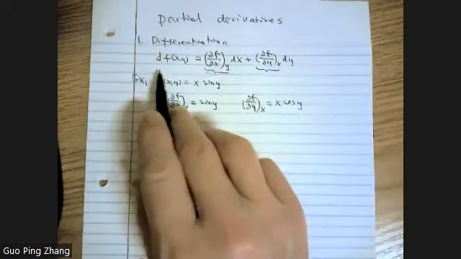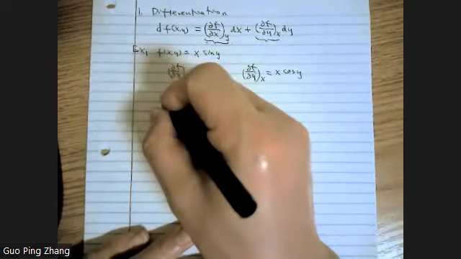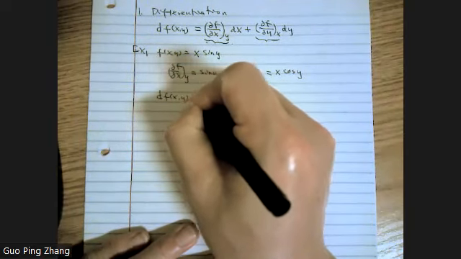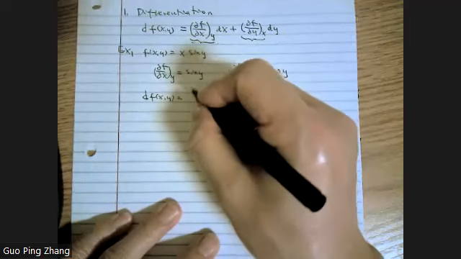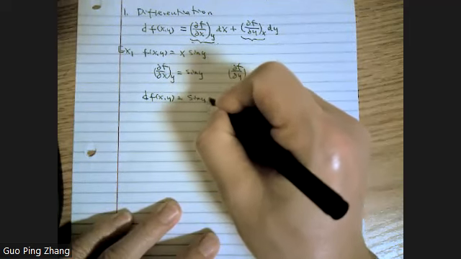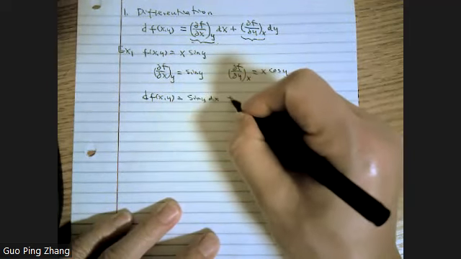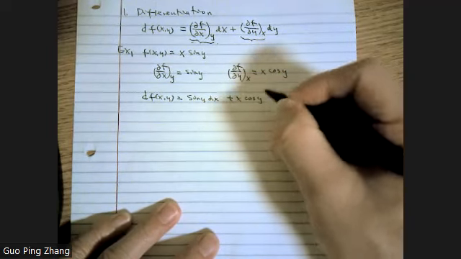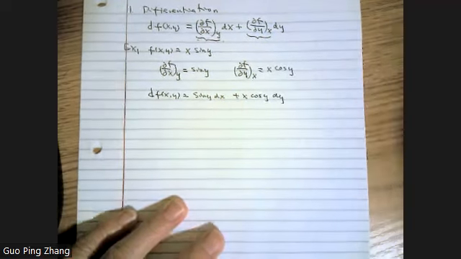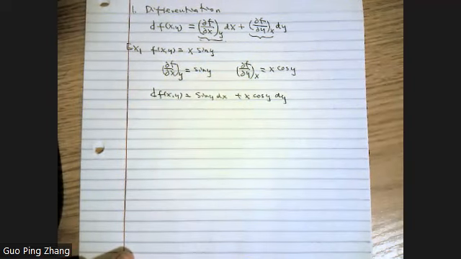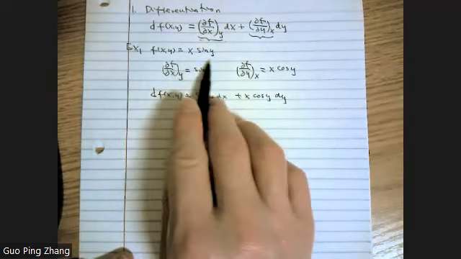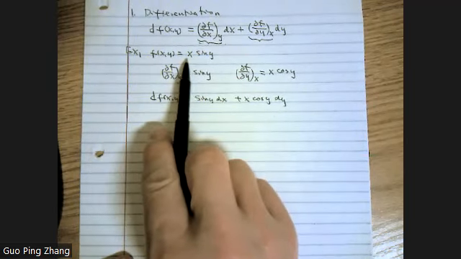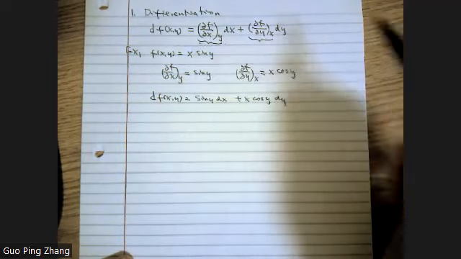If I write the entire differentiation itself, then I will have df(x, y) equals sine y dx plus x cosine y dy.